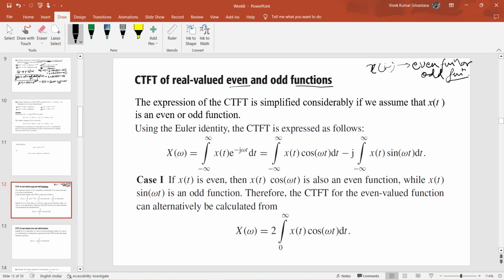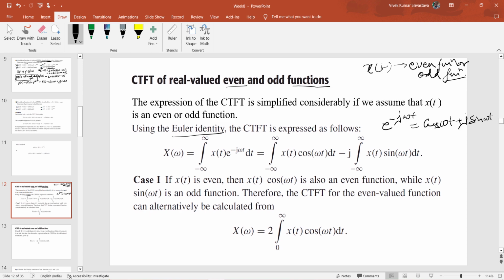To simplify this equation, we will use the Euler identity, which states that e to the power minus j omega t is equal to cos of omega t minus j sine of omega t. We will use this identity to further simplify this equation. Once you put the value of e to the power minus j omega t here, oh sorry, this will be minus here basically.